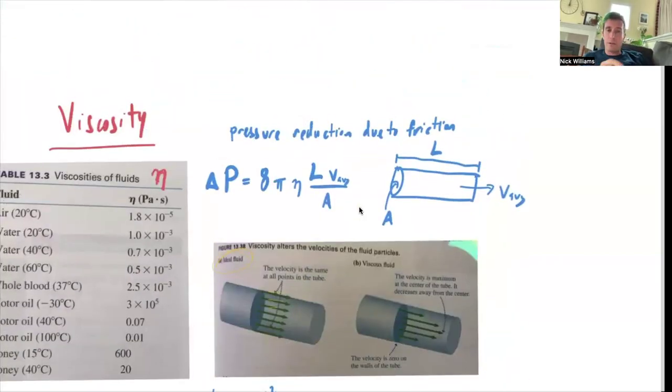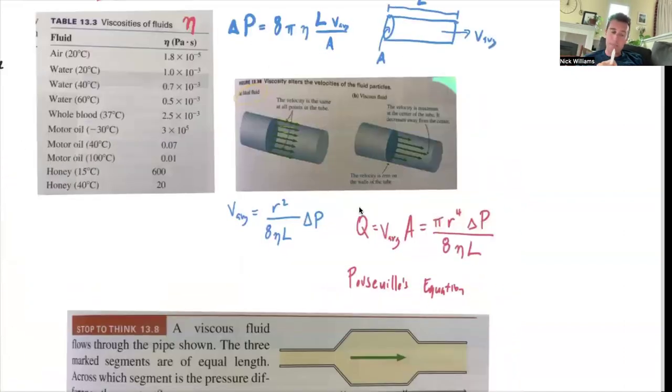We can use this equation to figure out the pressure reduction due to friction. It is a gnarly equation: 8 pi times the viscosity times the length of the tube times the average velocity, divided by the cross-sectional area of the tube. That would tell me how much the pressure will reduce from one part to the other.